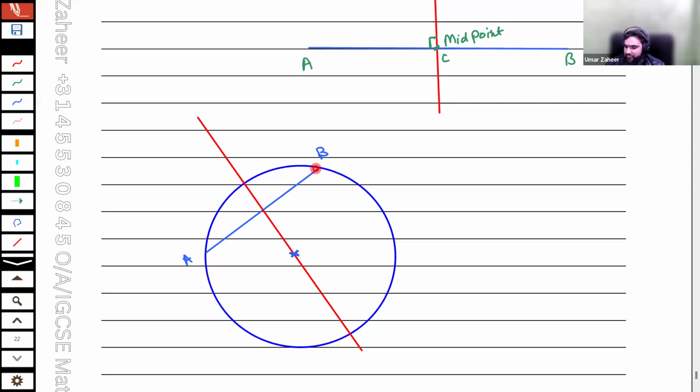Again, if you have any chord on the circle and you draw the perpendicular bisector on it, that always passes through the center of the circle.